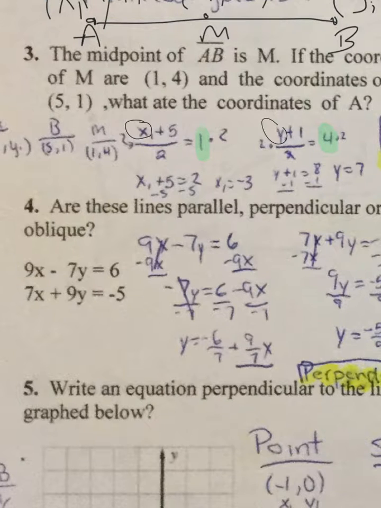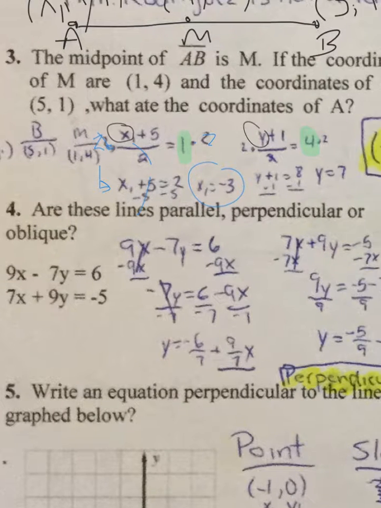So it basically sets up an equation, and there are two quick steps to solve it. You have (x + 5)/2 = 1, (y + 1)/2 = 4. First step is to multiply both sides by 2. That cancels out the denominator. 1 times 2 is 2. Then you get x + 5 = 2. Subtract 5 from both sides. 2 minus 5 is negative 3. So that's the x coordinate for your answer.